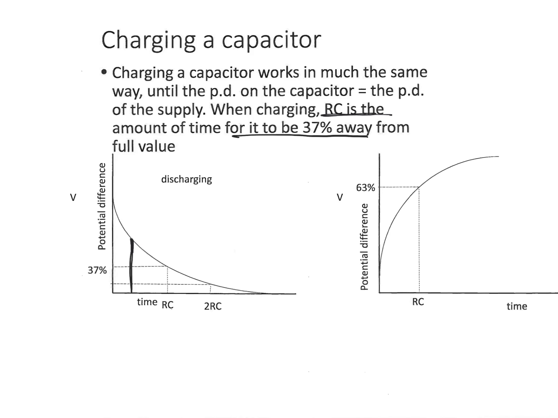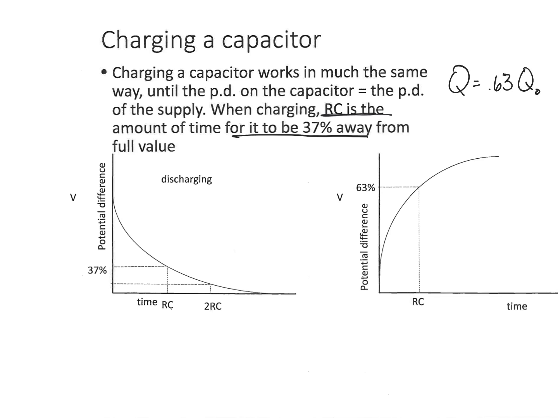I got the wrong picture on here. All right. So what we know is that the total charge, Q, from full value, what we're talking about is Q being 63% of full. Okay? Does that make sense?